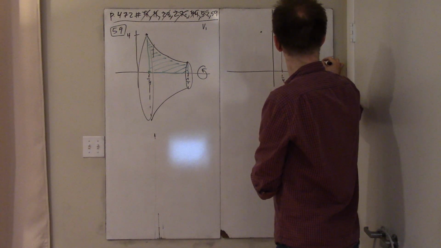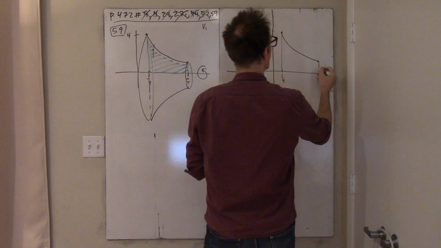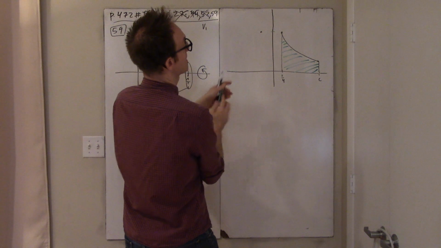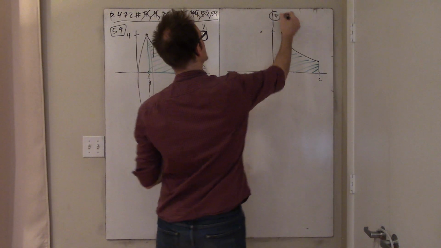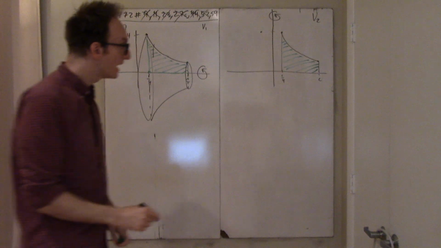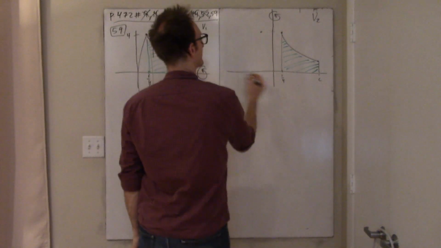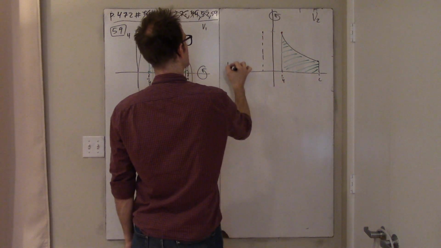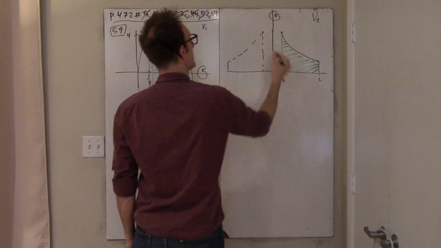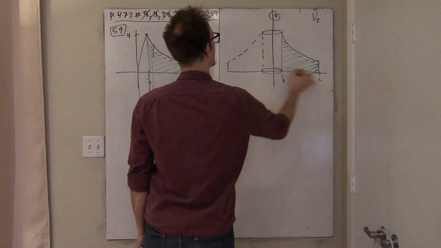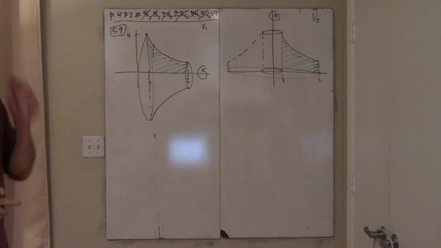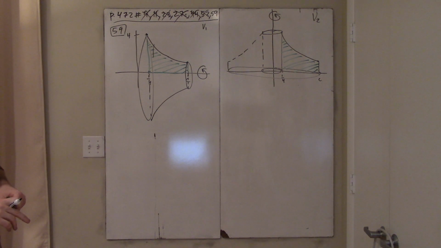It's the same region, but now I'm rotating that region about the y-axis. This is shape V2. And I'm just going to get a completely different thing, right? That's 1/4. And what I'm going to get is this sort of volcano-y thing with a hole in the middle. Okay, so now I'm basically just going to separately solve for both of these volumes and then see for what value of c they're the same.